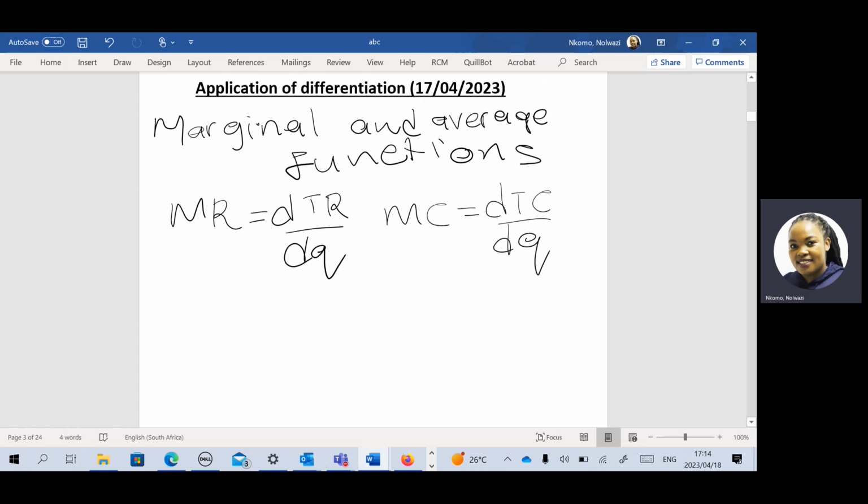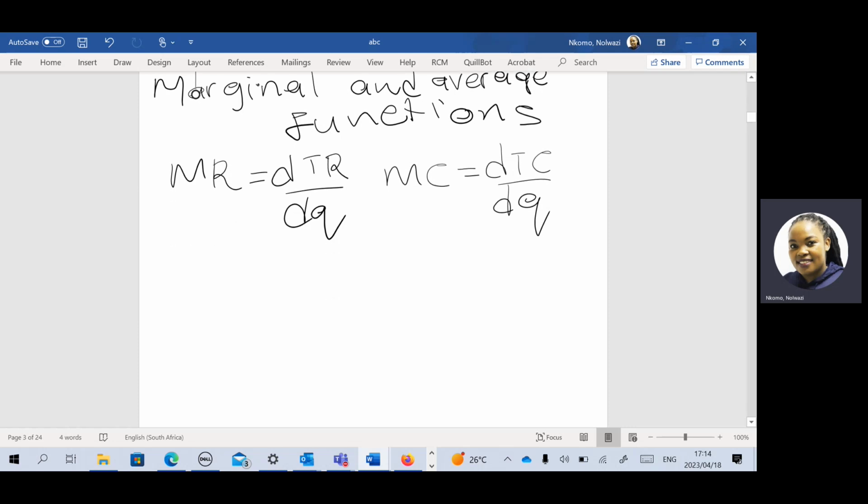Now suppose we are given our demand function as P equals A minus BQ, where Q represents the quantity and P represents the price, and A and B are constants. If we are given a demand function like this, we need to apply the derivative, and first find the total revenue.